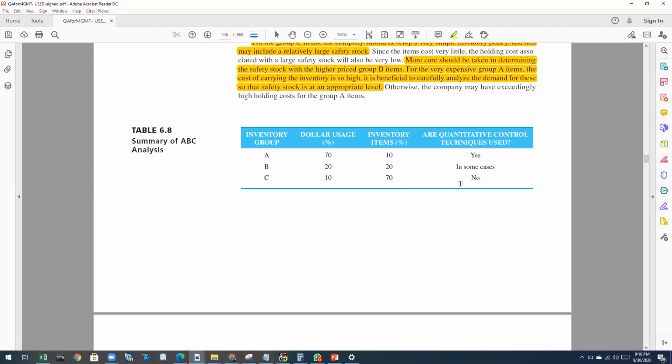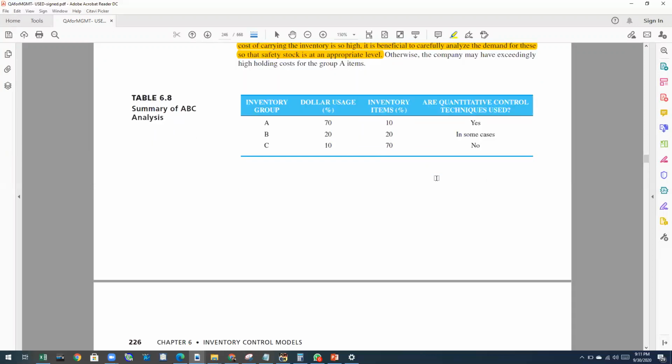In that case, you may not want to use sophisticated quantitative inventory control techniques. For the items that have high dollar value, even though they are only 10% of the total items, if the dollar value is huge, 70%, then you would like to use quantitative inventory control techniques.